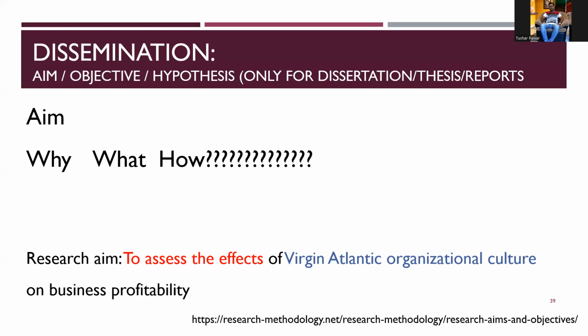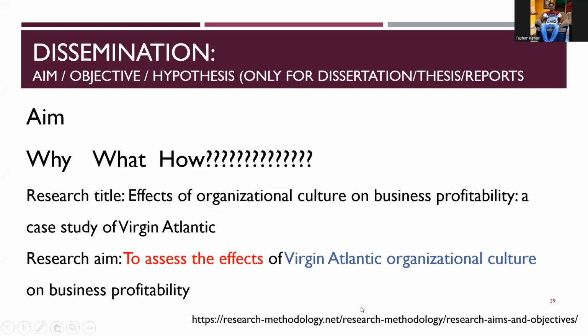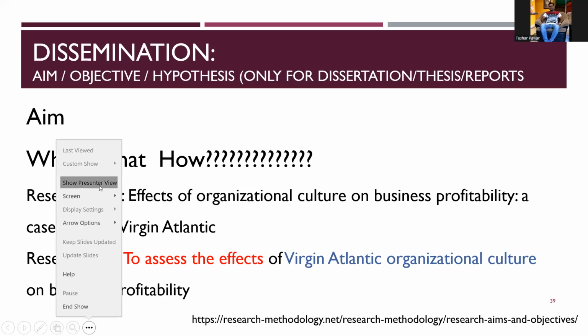Now, this is the aim given: to assess the effects of Virgin Atlantic organizational culture on business profitability. I don't give you an exercise now. The sequence went wrong, so let me quickly go through. So I have here the research title, and I have the research aim also.